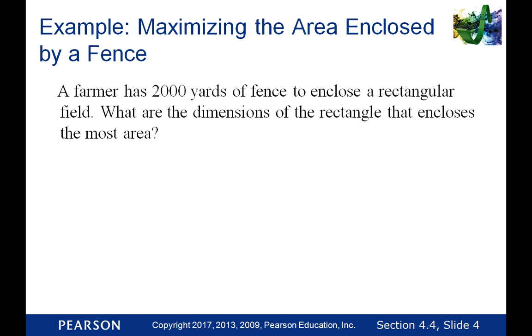So A equals length times width. We don't know the length and the width of our rectangle, so we'll call this x, and then this length we don't know that much. But we know those two together.